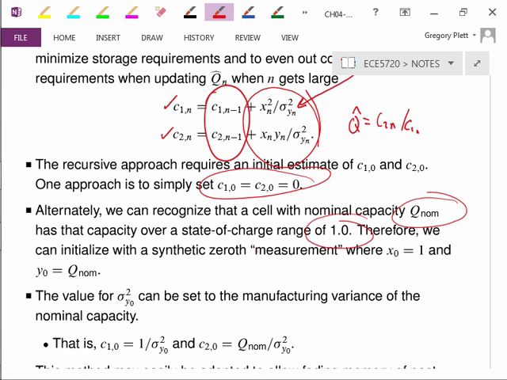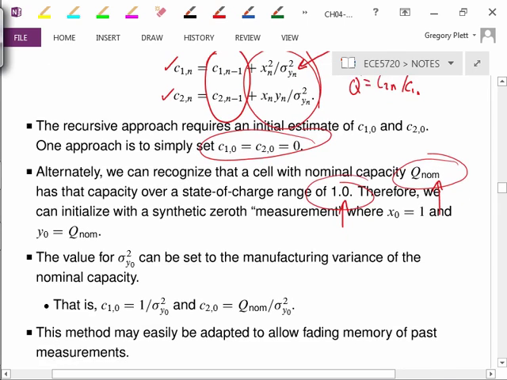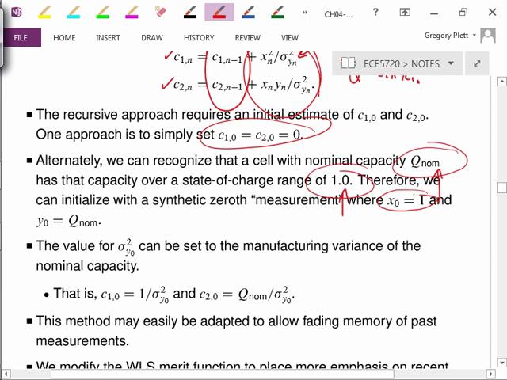So if I'm charging my cell for 100% state of charge, a range of 1, my capacity would change by Q nom amp hours. We make this synthetic 0th measurement. It's not a real measurement, it's just our observation from the manufacturer, where x0 equals 1 and y0 is equal to the nominal capacity of this cell. And we still need a value for sigma.